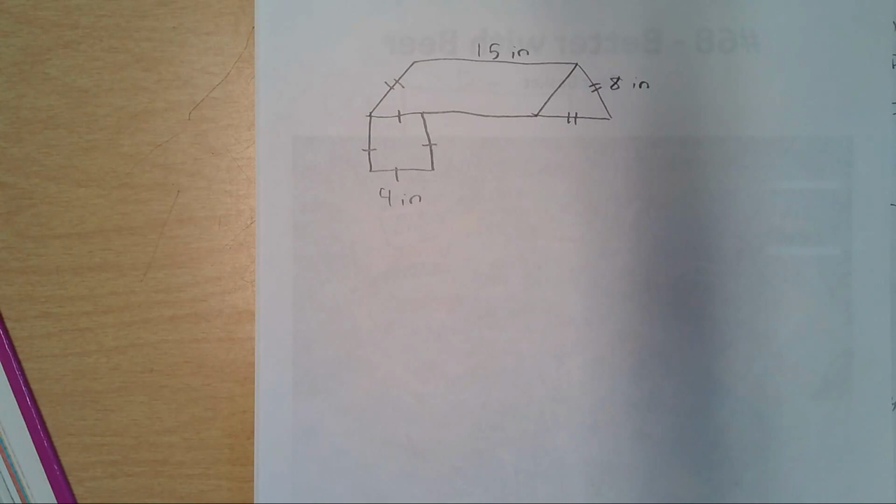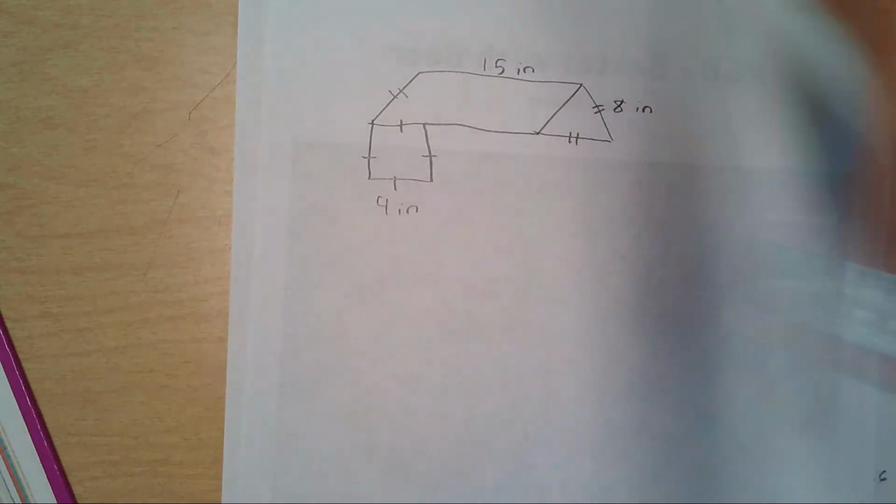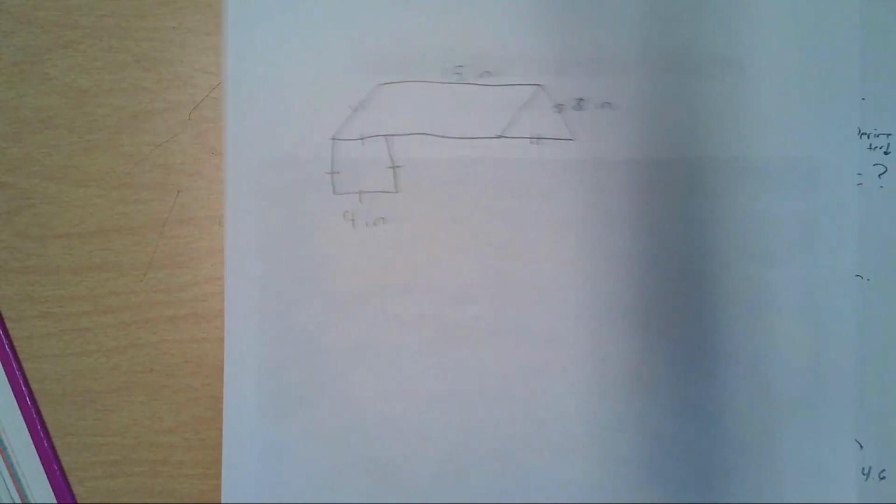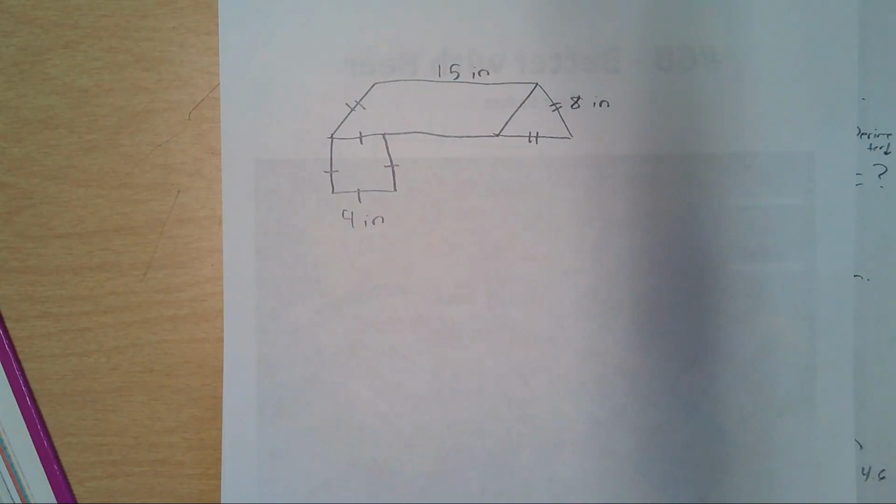Similar, but different. What's going on here? I can barely draw this. But what's that top number? 15 inches, 8 inches, 4 inches. Oh my gosh, this is a hard one.